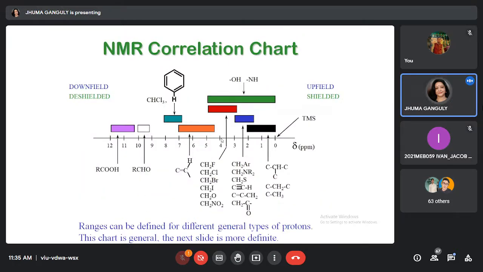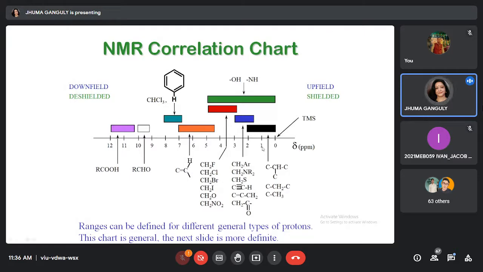Now the NMR correlation chart. Whatever I have mentioned, different protons appear in different regions. We will go into it in a more complex way later, but here we look at how we predict with respect to TMS.